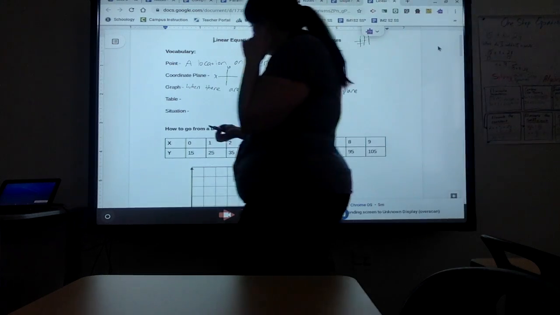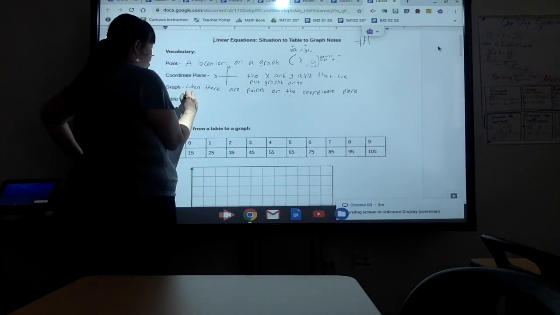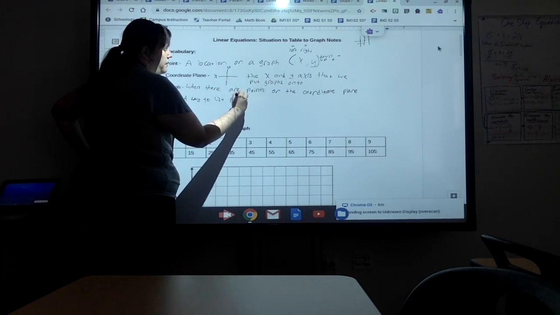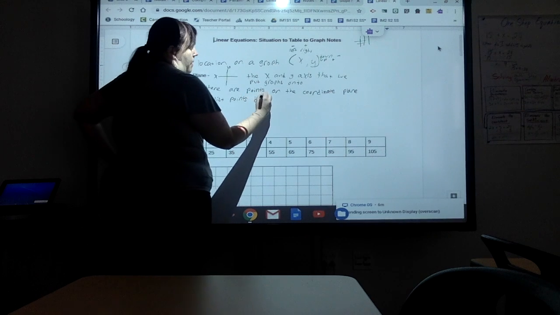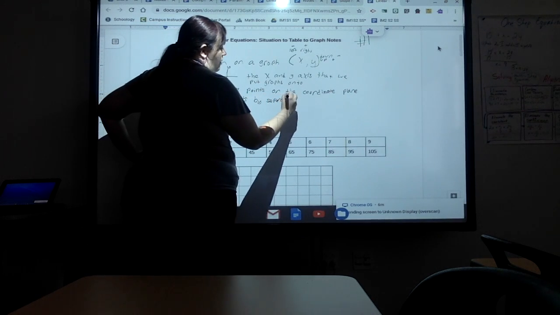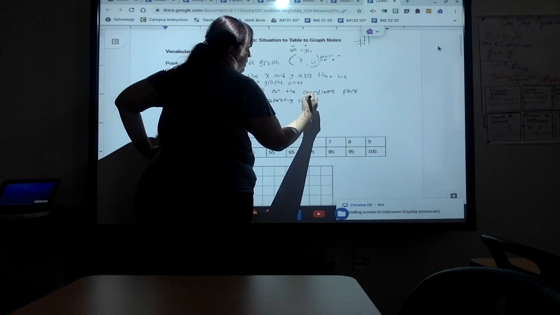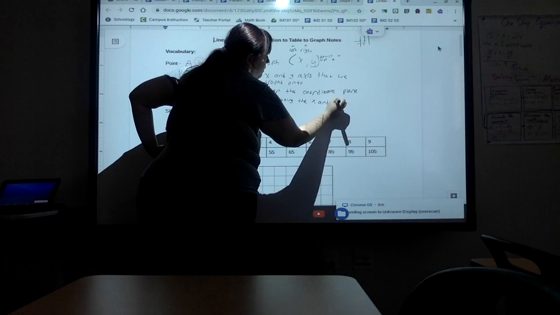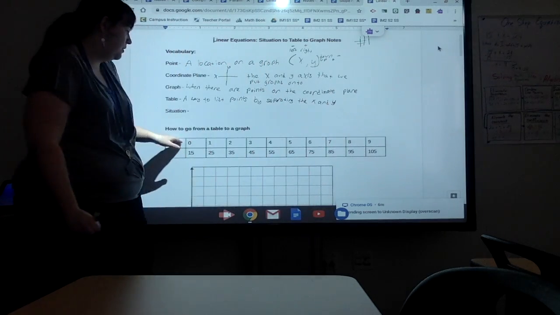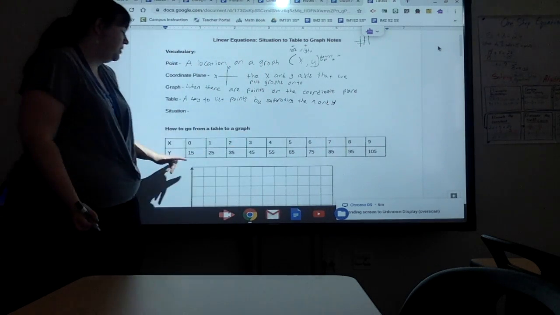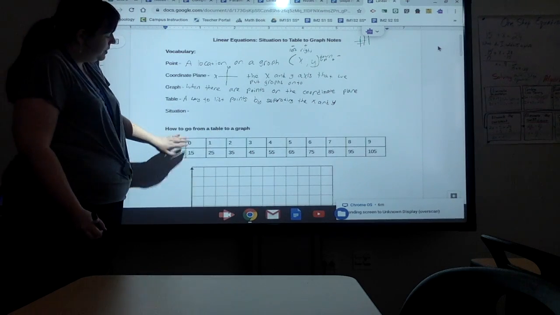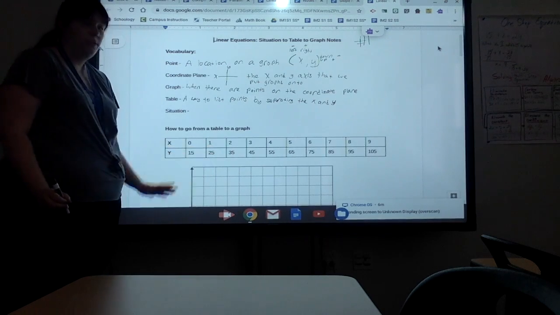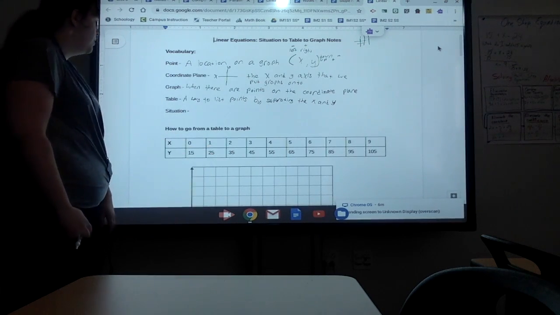So a table is a way to list points by separating the x and y. All the x's are on top on this table, and then all the y's are on the bottom, but a top-bottom pair is 1 point. So 0, 15 is 1 point, 1, 25 is its own point, and so on and so forth.